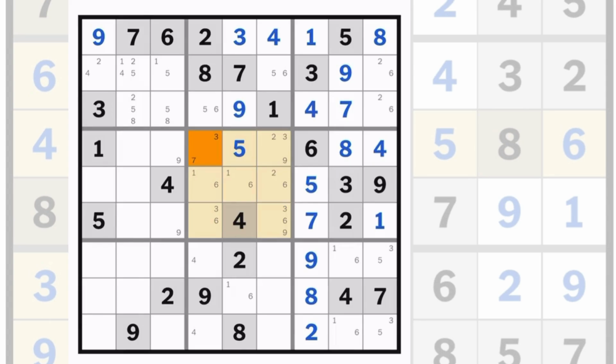Post 7 here, 7, then 7 and 7, so 8 will come here, then 9 is already posted.